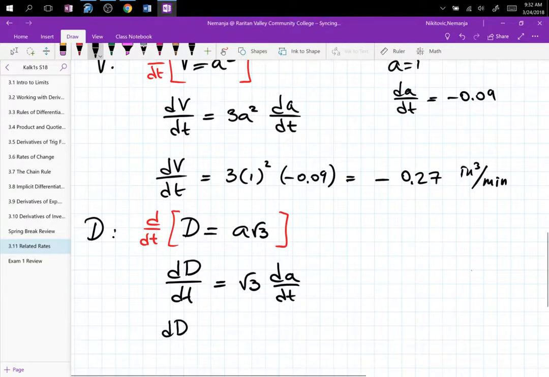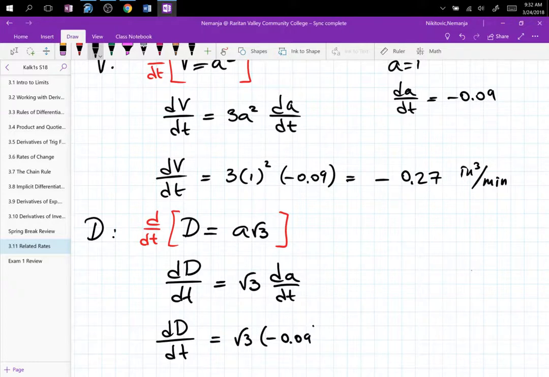Plug in, the change of diagonal in time is root 3 times negative 0.09. Let's use abacus to calculate that. So square root of 3 times negative 0.09 is negative 0.156, whatever, inches per minute, because the diagonal is just length. It's one dimensional.